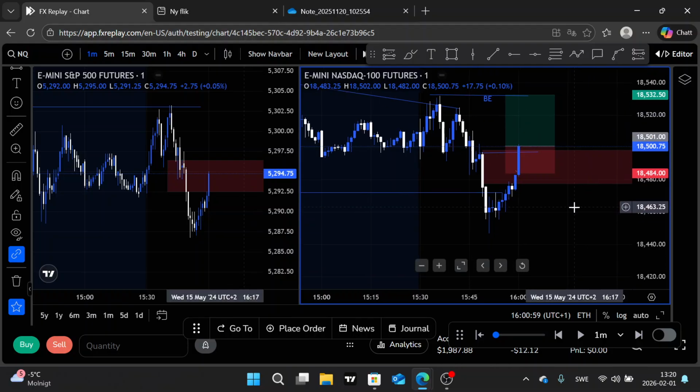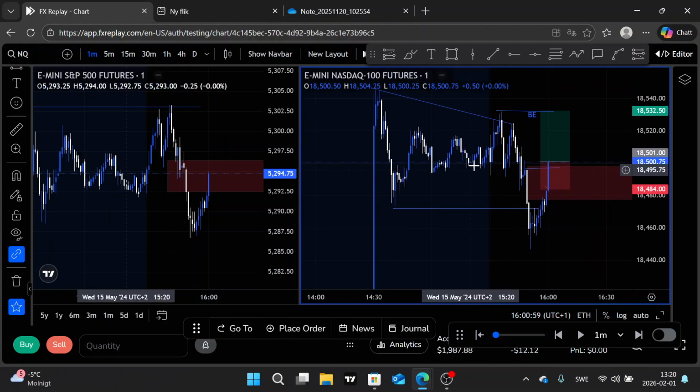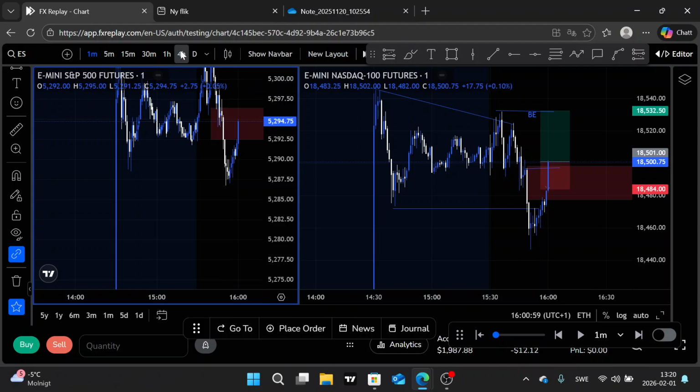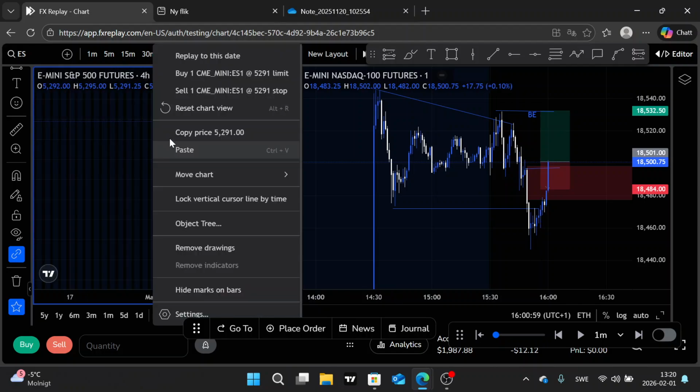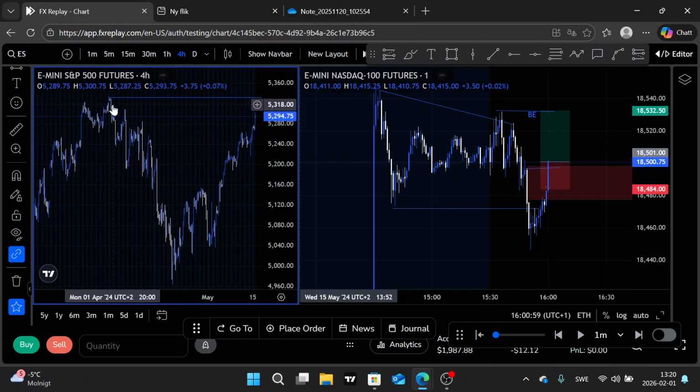And why did I enter this trade? Because of a couple of reasons. Number one, on the higher time frame we want to go higher, and these are low resistance liquidity, and the drawn liquidity is here according to me.